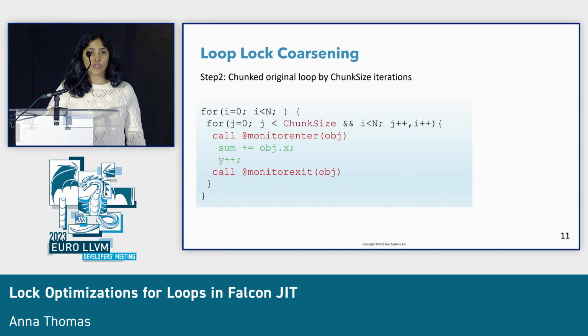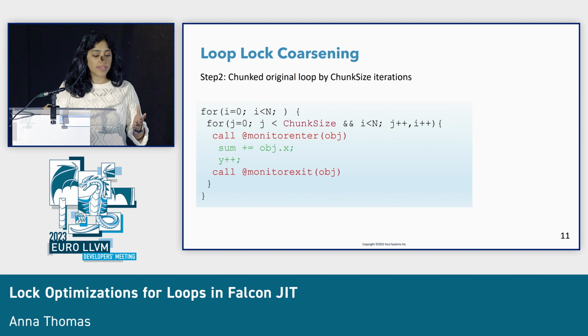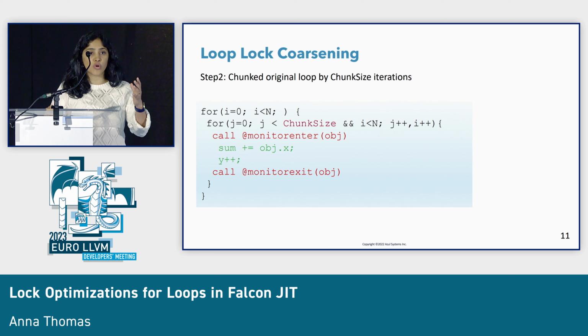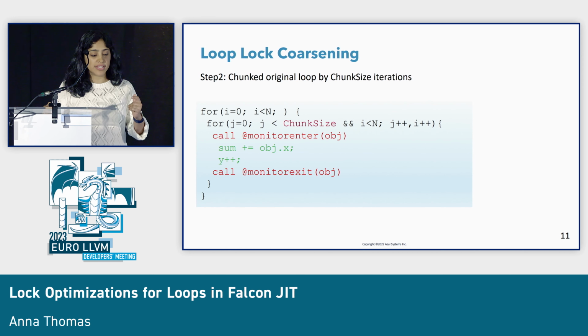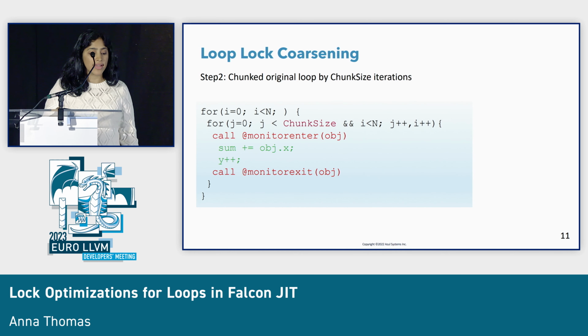And also you have the original loop terminating condition as part of the inner loop. Now the body of the outer loop is completely within the inner loop. You can think of this as, if you had the outer loop and you unrolled that loop by chunk size times, and then you re-roll that loop back. That's how you get this inner chunked loop. That's what we call a chunk loop. So this is semantically equivalent to the original loop that we had.